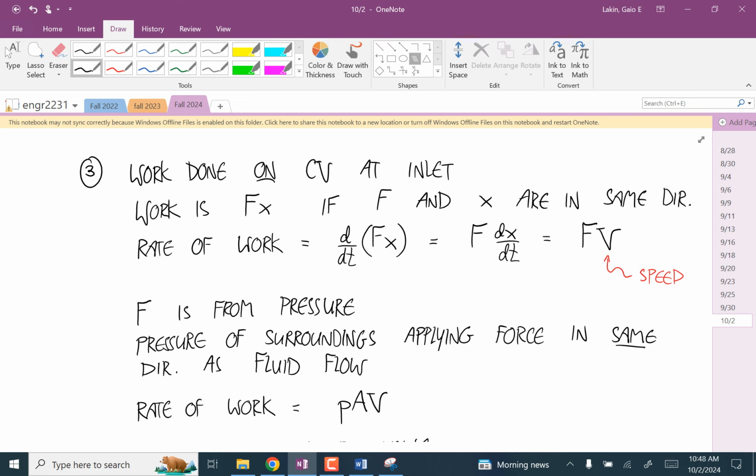And remember, if the force is in the same direction as the motion, work is positive, and if the force is opposite the direction of the motion, work is negative, like slowing something down. Since the pressure at the inlet always acts in the direction of motion, it's always positive work on the system. And since pressure is always opposite the direction of motion at the exit, it's always negative. That makes sense. Okay. Any other questions? Okay, that's all.